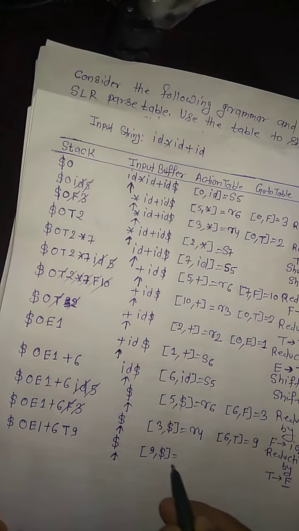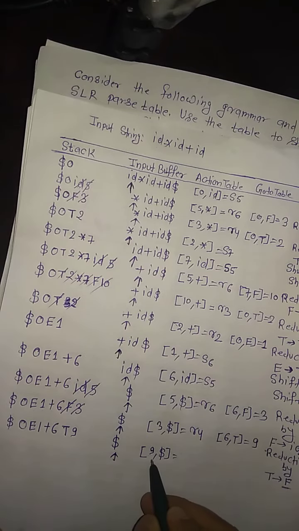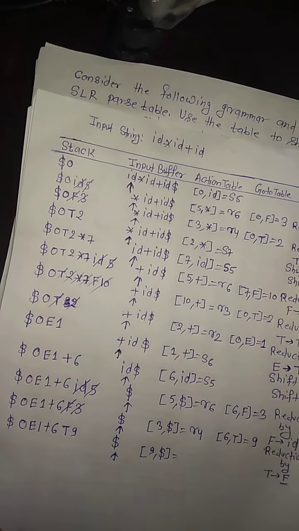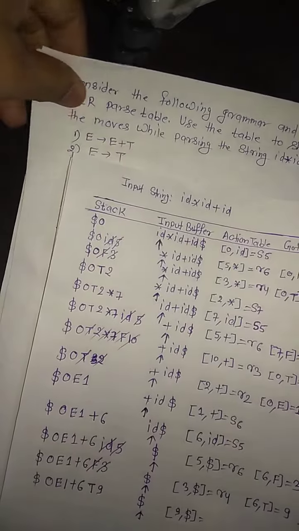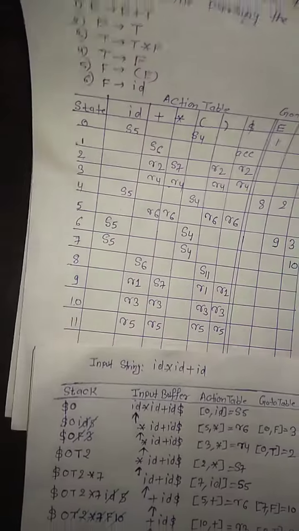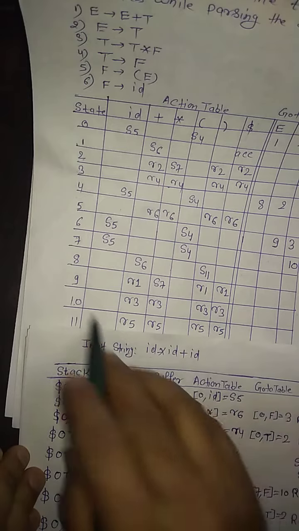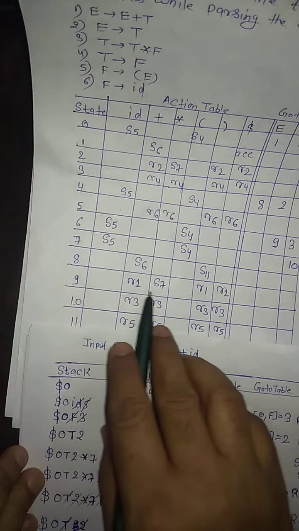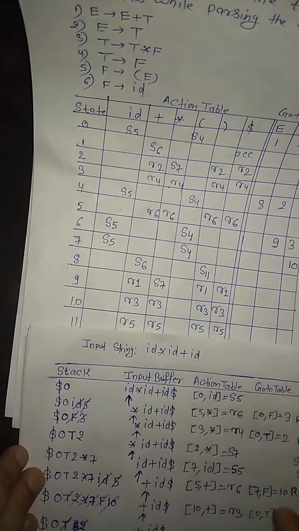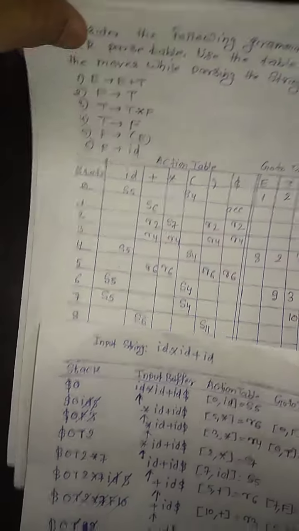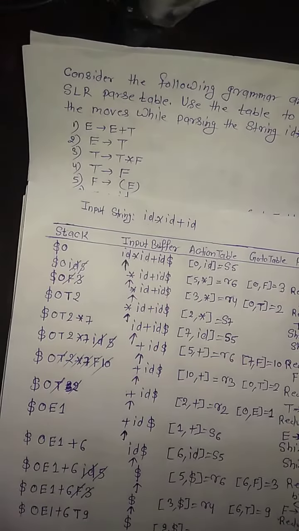So ninth row and dollar column, you go to the parsing table, and in the parsing table I9 row and dollar column we have R1. So write here R1.